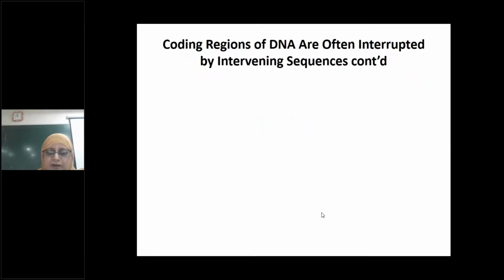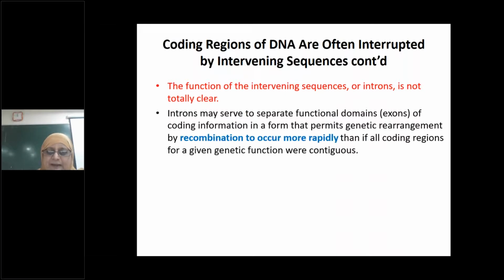Now, when we talk about introns, what is the function of the introns? What do they do actually? The function of the intron is not totally clear, but they say that because they separate the functional domains, that is the coding exons, in a form that permits genetic rearrangement by recombination to occur more rapidly.